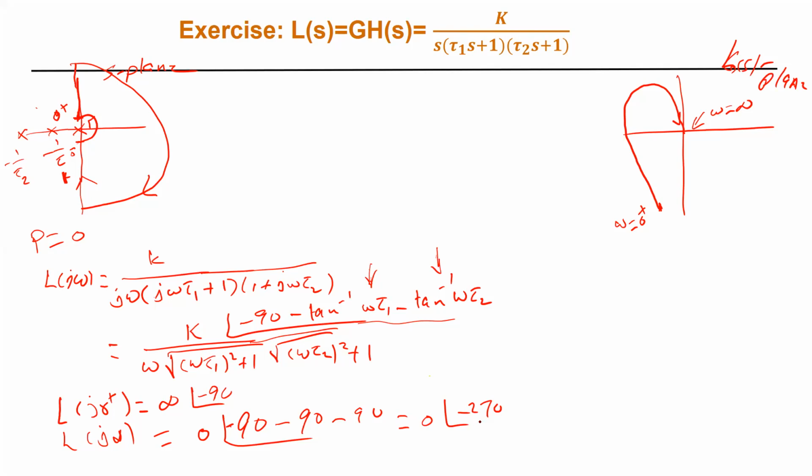But the angle is important. You will go intentionally to minus 270, which is 90. So basically, it is going to be tangential to this line.